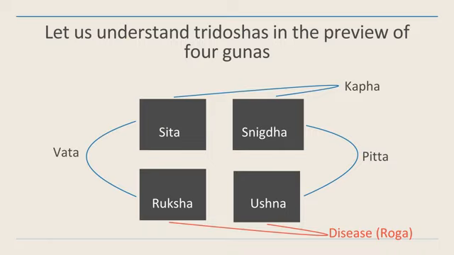Now, we can conclude that Shita and Snigdha is something which makes the structure with the presence of optimum heat. Opposite of that, Ruksha and Ushna, is disease. Ojas is Shita and Snigdha. Poison is Ruksha and Ushna. So poison or Visha directly acts against the Ojas.